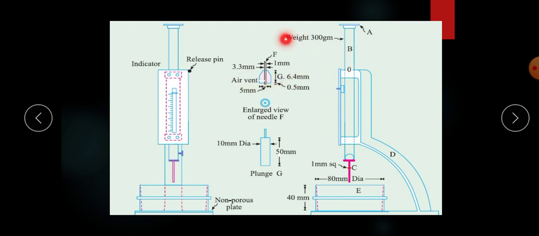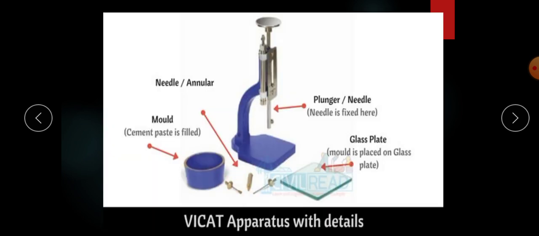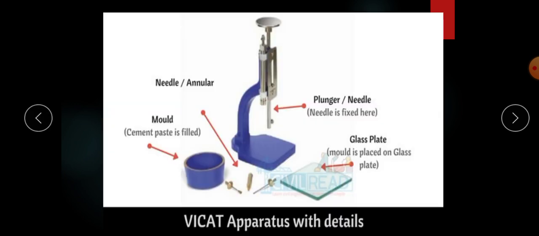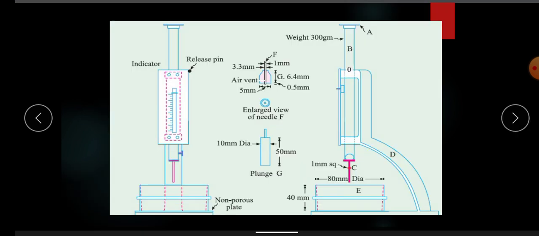So see here, this is the enlarged view. This needle is nothing but this one. It has a 5 mm diameter, and it has a 1 mm needle in between, and that needle extends outside by 0.5 mm. So this is the bottom shape, and here it is the enlarged shape, right?